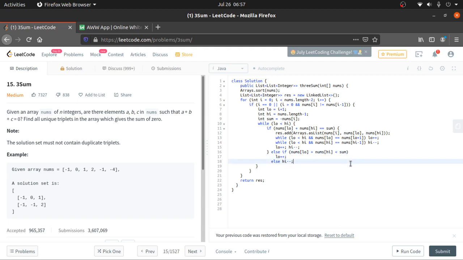Then if the sum of nums of low plus nums of high is less than the target sum, increment low. Otherwise, decrement high and make the pointers walk towards each other. And this will give us 3 sum, and finally we return the result.